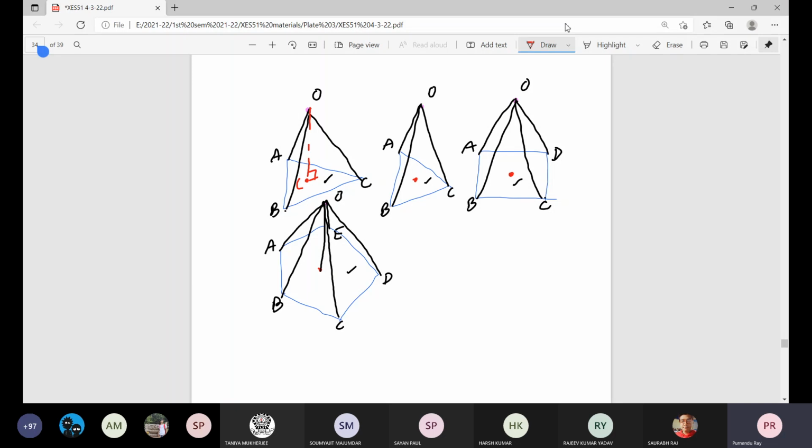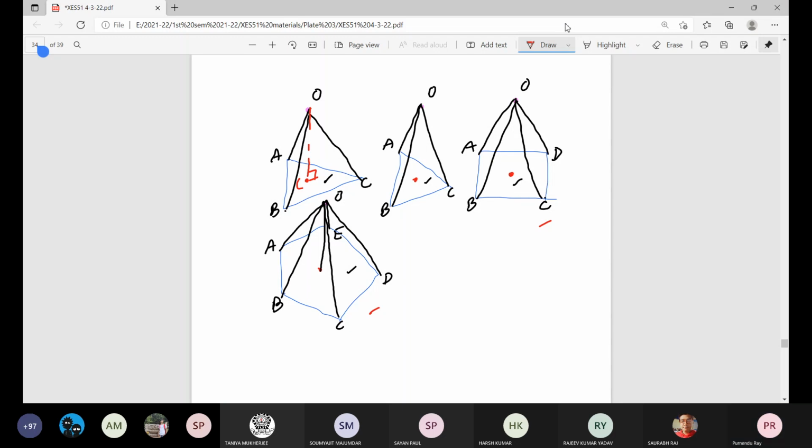From this word right angle, we name these objects right objects. This is a right pyramid with a triangular base. Here it is a right pyramid with a rectangular base. Here it is a right pyramid with a pentagonal base. Clear?